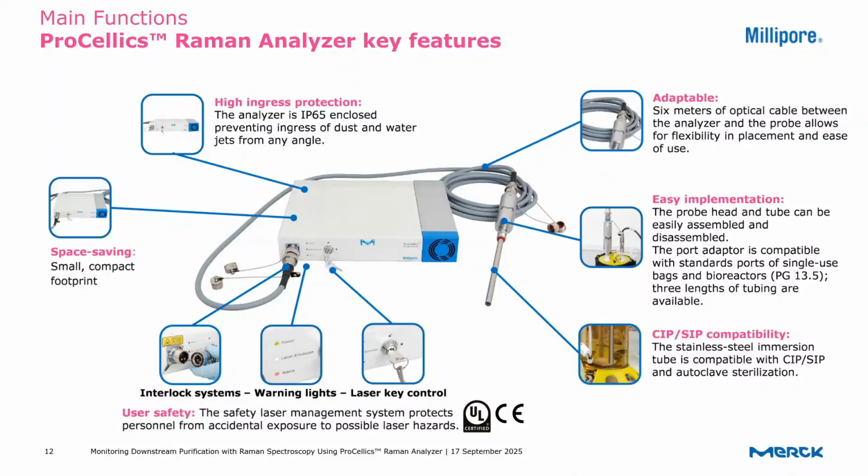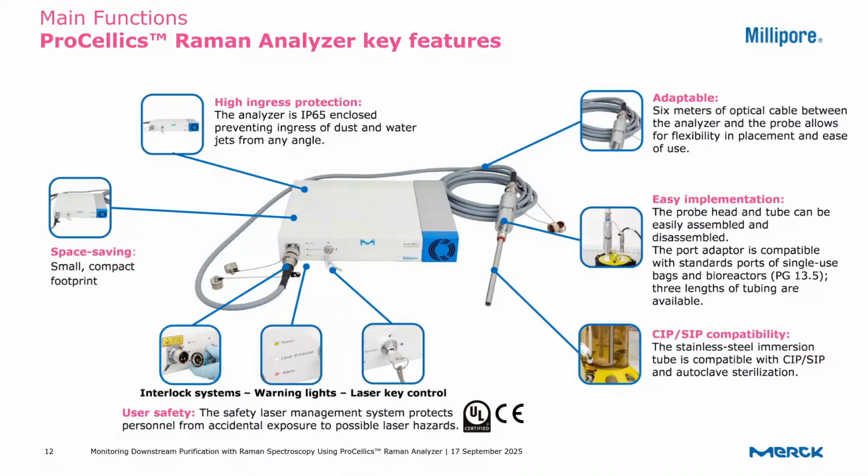First, we have a number of interlock systems and safeties built in to prevent any accidental exposure to the laser hazard. It's a small, compact system that can be moved into a manufacturing space without additional enclosures being needed. It has a long optical cable, which gives you flexibility in placement and ease of use, whether you're trying to put it in a PD lab or in a larger manufacturing space.